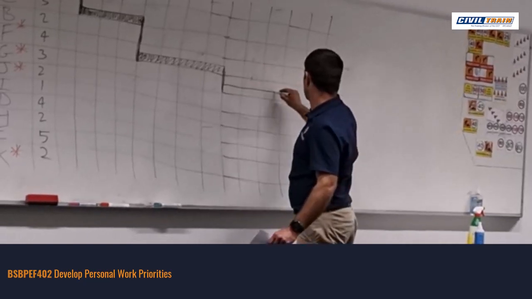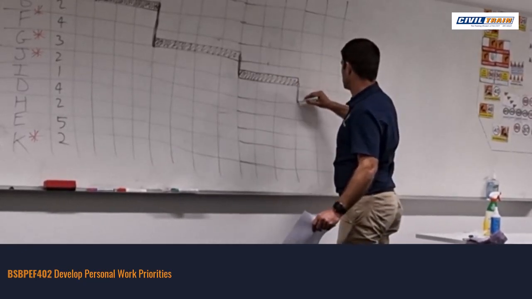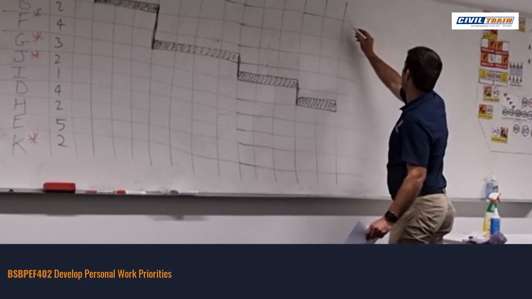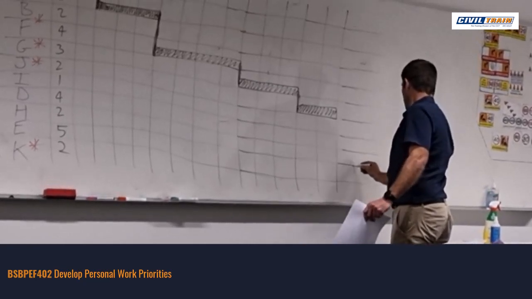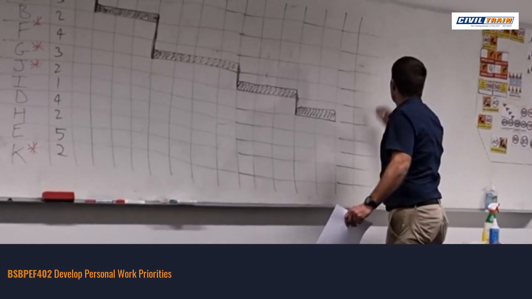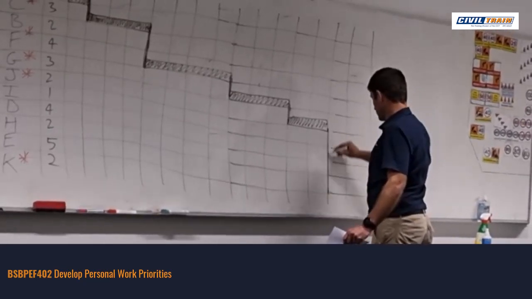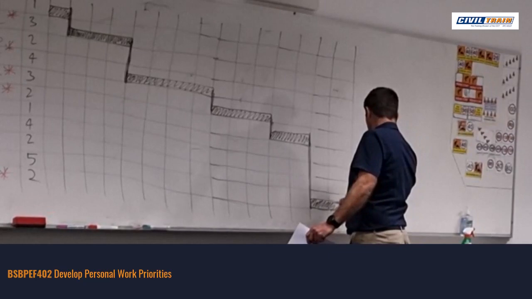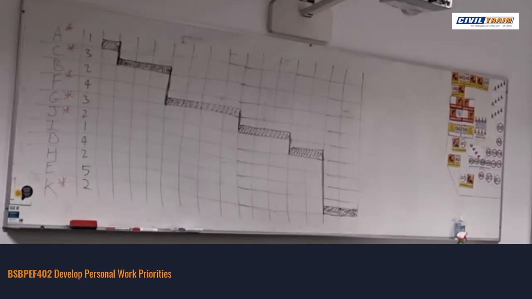Nice solid line. So what we've created is your critical path by doing those lines.